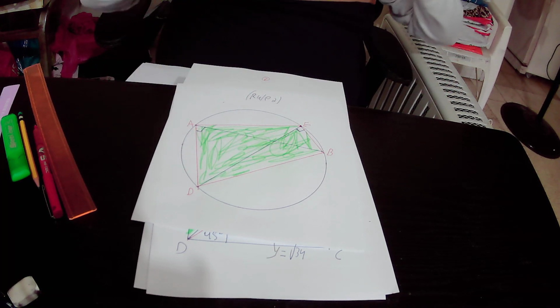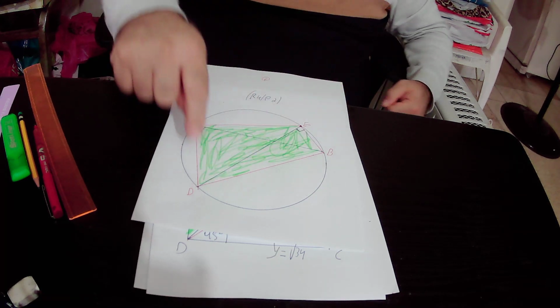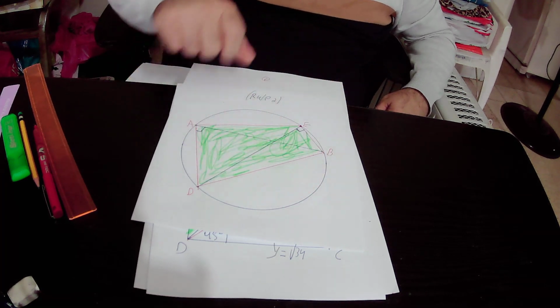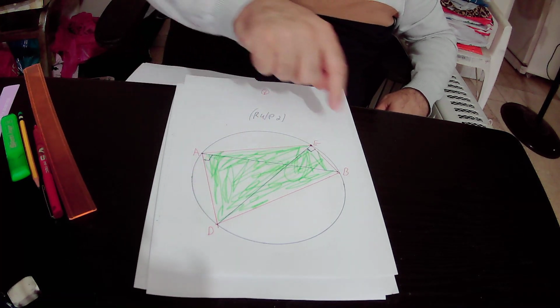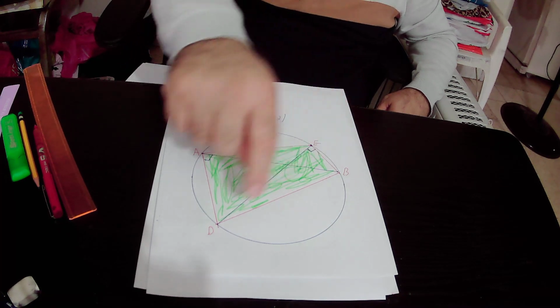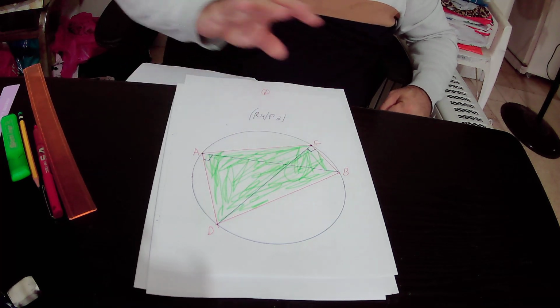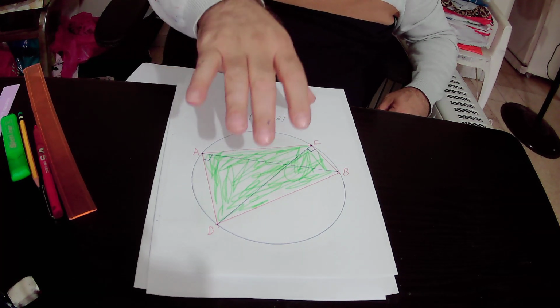Therefore, according to rule number 2, the quadrilateral AEBD is inscribed by this blue circle, and the 4 points A, E, B, and D lie on this blue circle. So this is the implementation of rule number 2 in our drawing.